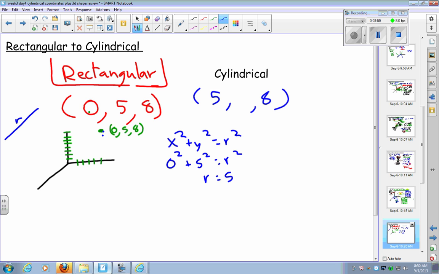Because remember, I want the length... If this fell down to the ground, how far away is it? And that is a 5 on how far it is away from the origin when it fell to the ground. So do not think of R being from the origin to the dot itself. It's the radius on the ground. Again, take a look at my picture.